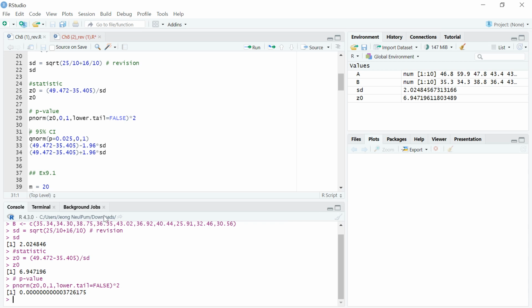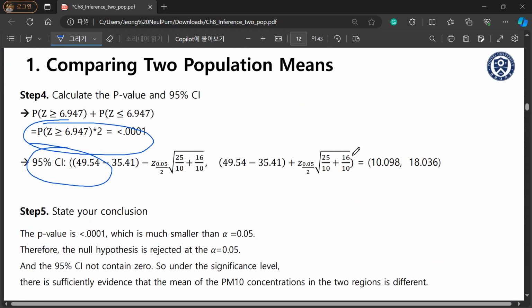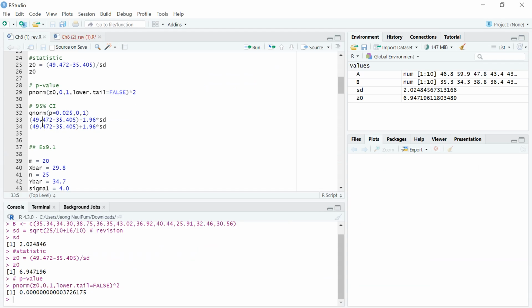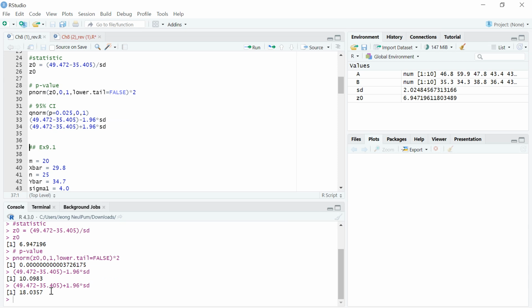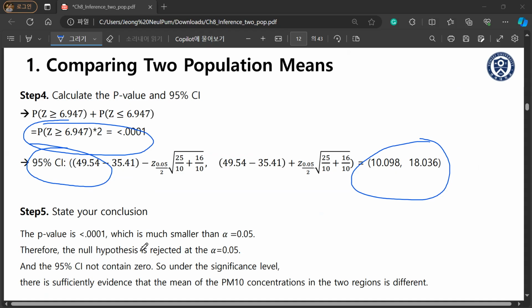We are able to reject the null hypothesis and go to the alternative hypothesis, and that's it. And as you also apply this information to the confidence interval, you can see that you have these two values, lower bound and upper bound for our confidence interval, which is the same as this screen value.